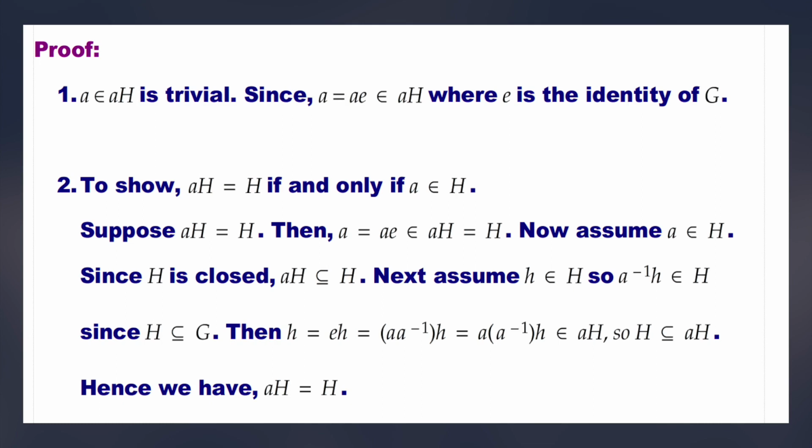The second one, to show aH is equal to H if and only if a in H. Suppose aH is equal to H, then a is equal to ae in aH, which is equal to H. Now assume a in H. Since H is closed, aH is a subset of H. Next assume h in H also. a inverse h is in H since H is a subgroup of G. Then h is equal to eh, equal to (a a inverse)h, equal to a(a inverse h) in aH.